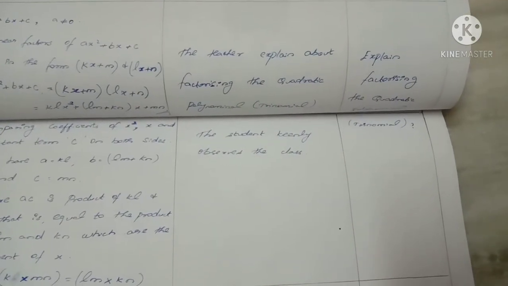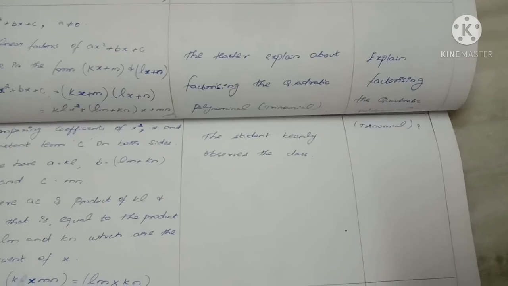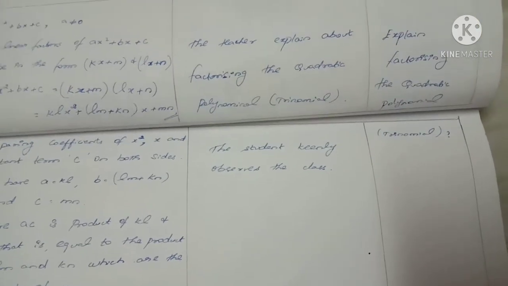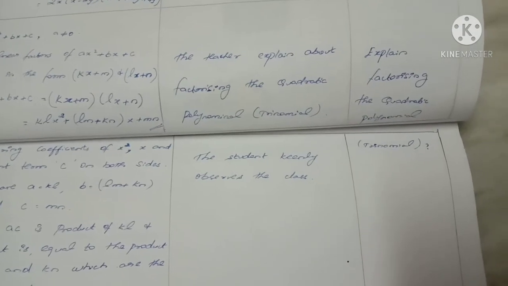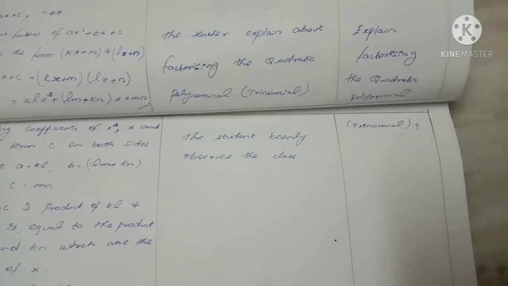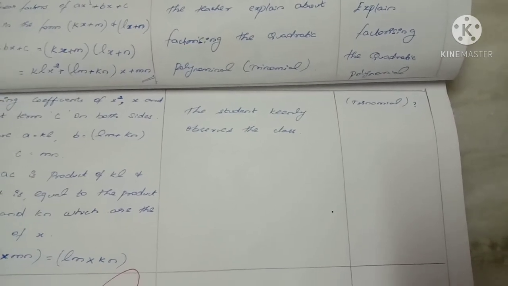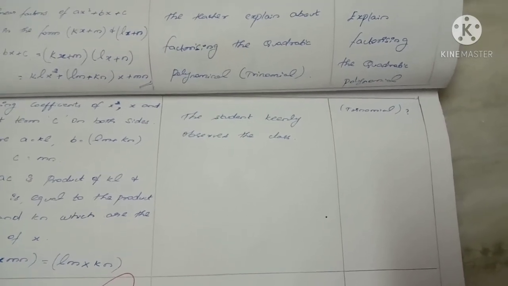In the next box, the teacher explains factorizing the quadratic polynomial in the bracket trinomial. The student keenly observes the class.